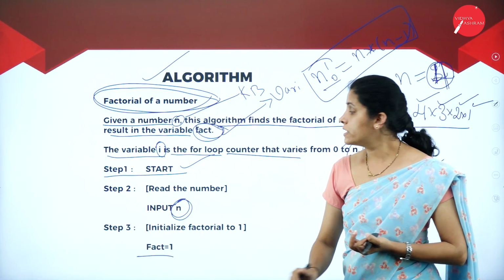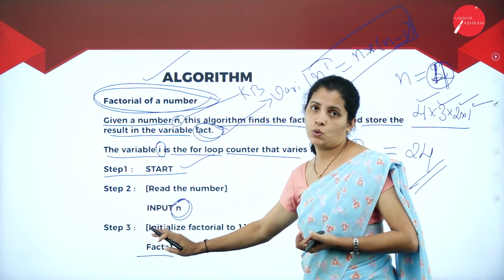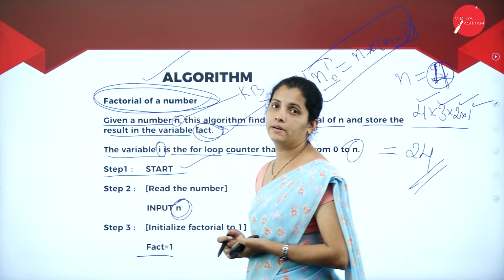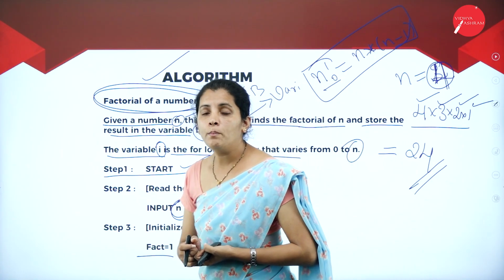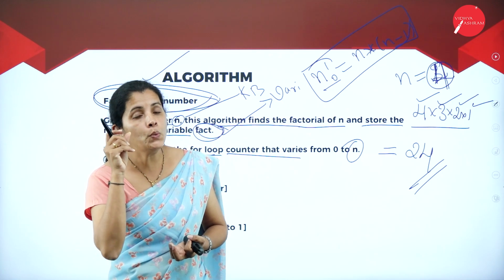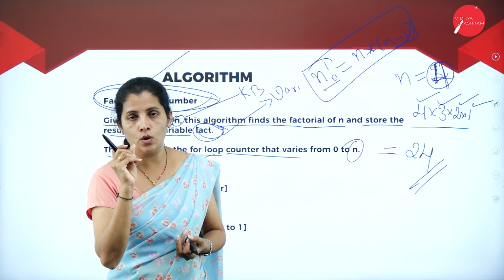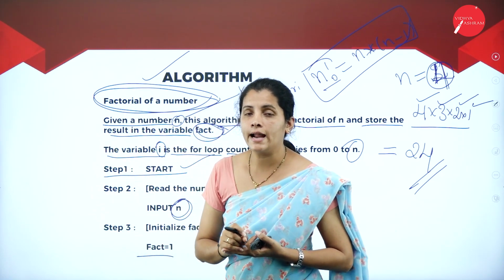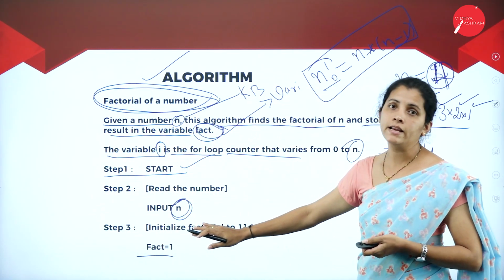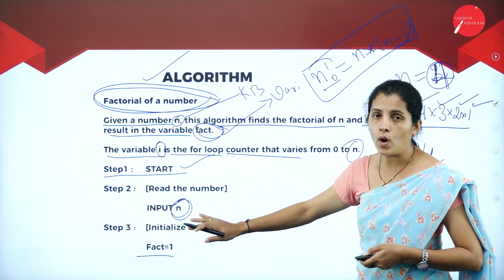And suppose I assign fact equal to 0, what is going to happen? If you multiply any value with 0, you're going to get the product 0. So, in order to avoid that 0, I'm going to assign fact equal to 1.